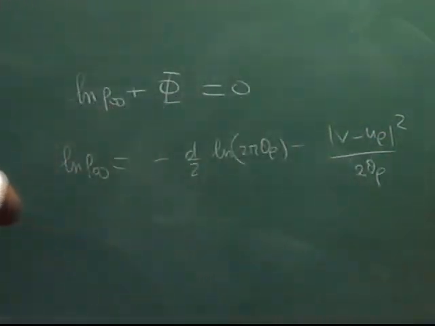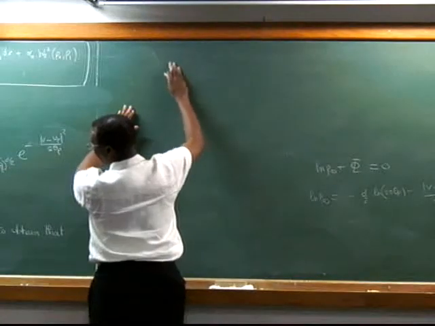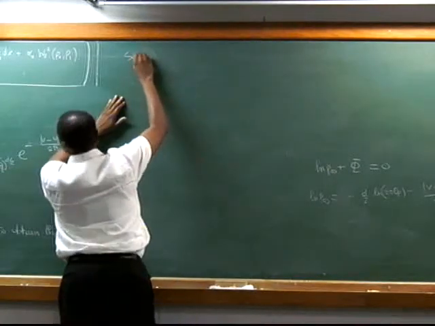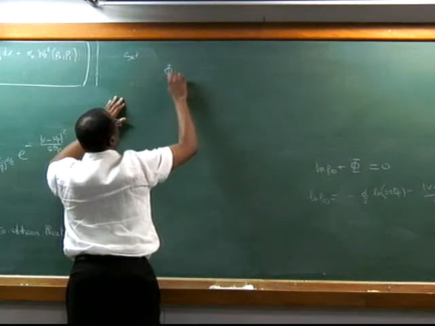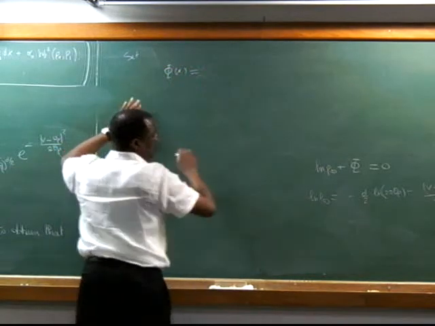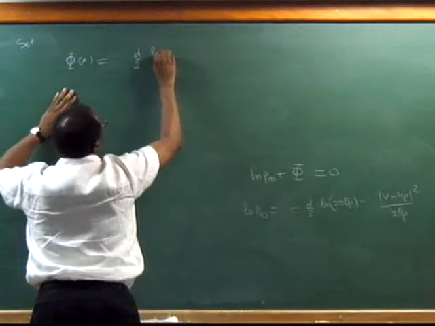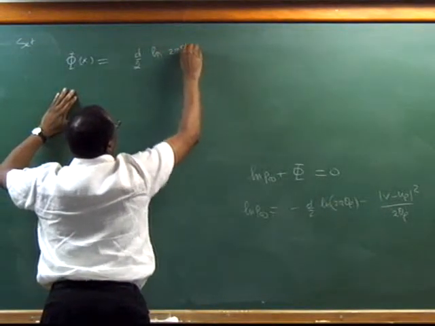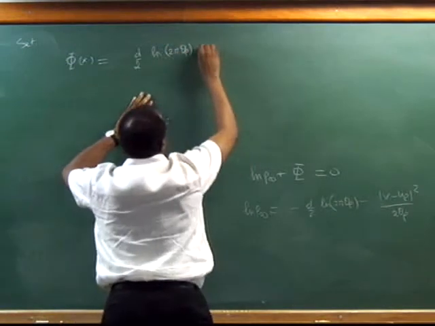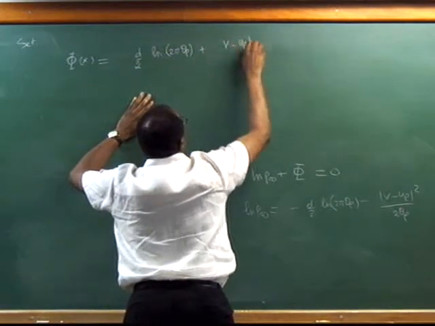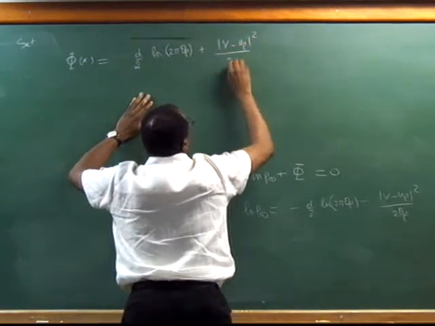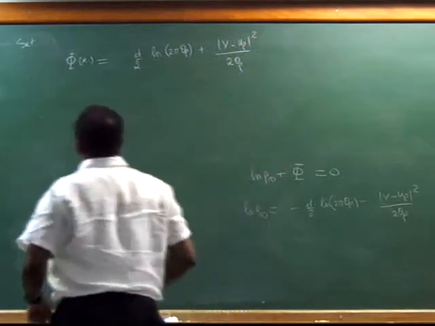So set phi of x to be d over 2 log of 2 pi theta rho plus |v minus u rho| squared divided by 2 theta rho.